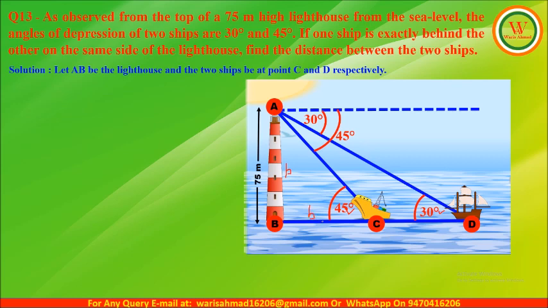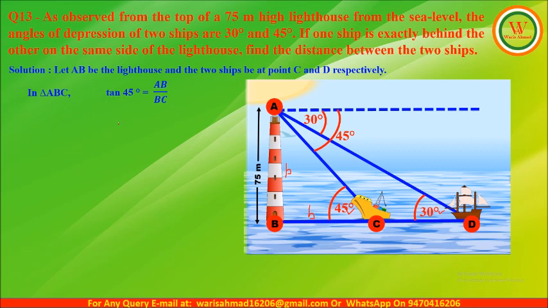So here P and B, we will take tan theta. In triangle ABC, tan 45 degrees will be equal to AB upon BC. The value of AB is given as 75 while the value of BC is not given. So here we can write in triangle ABC, tan 45 degrees equals AB upon BC.